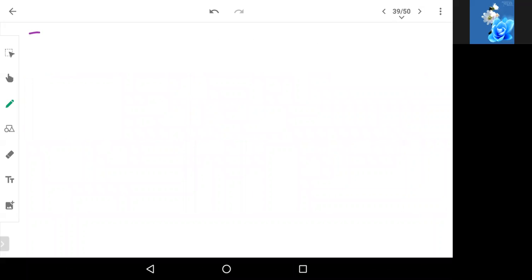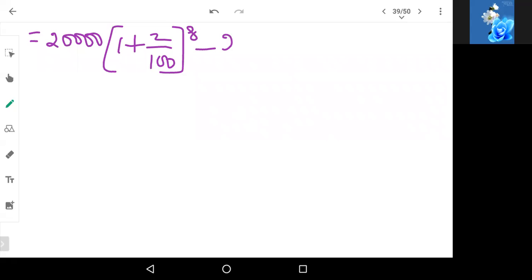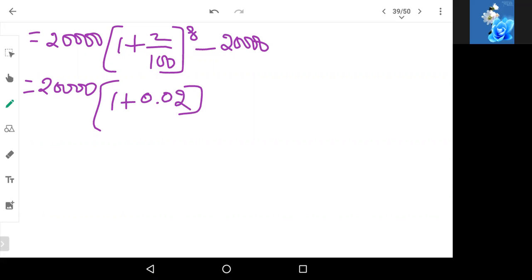Let us start solving. So firstly, write the principal, 20,000 into 1 plus 2 by 100 to the power 8 minus 20,000. 20,000 into 1 plus 2 by 100 is 0.02 to the power 8 minus 20,000.